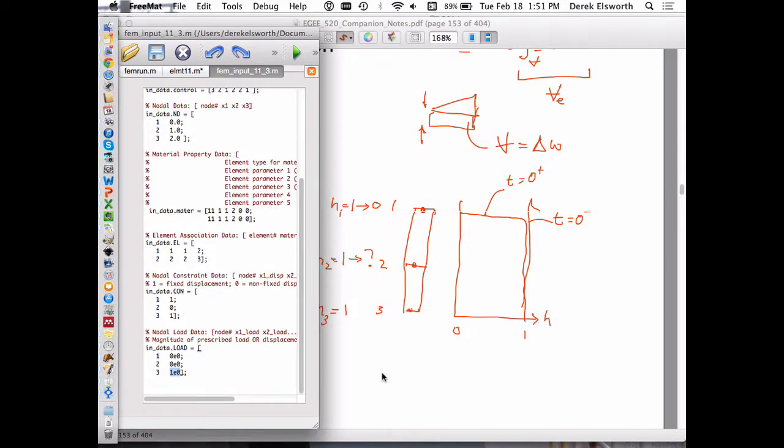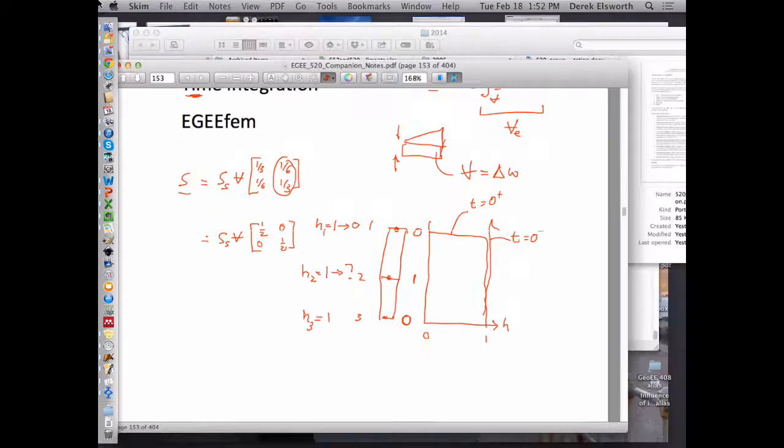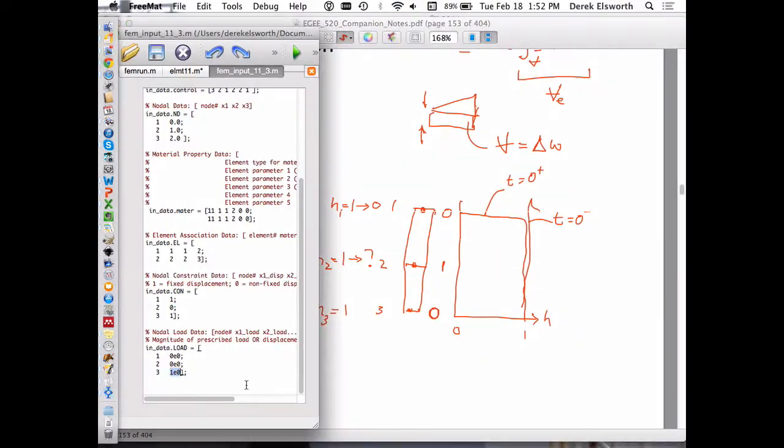So in other words, this would be the index that we apply. This is a head value, so this is a 0 index. This is a flux value. We're solving for this head, so this is a flux index, and this is a head value, so this is a head index. Have I got it backwards?